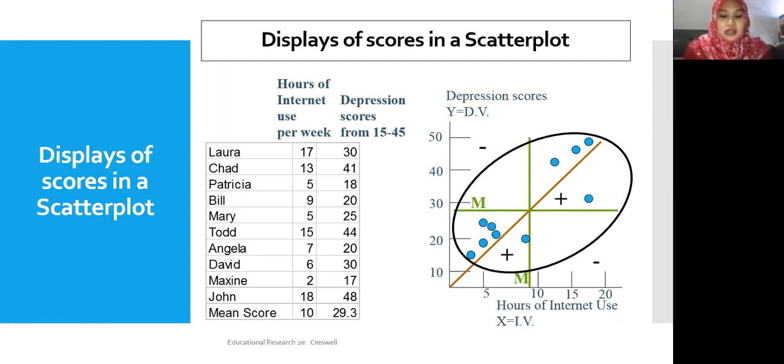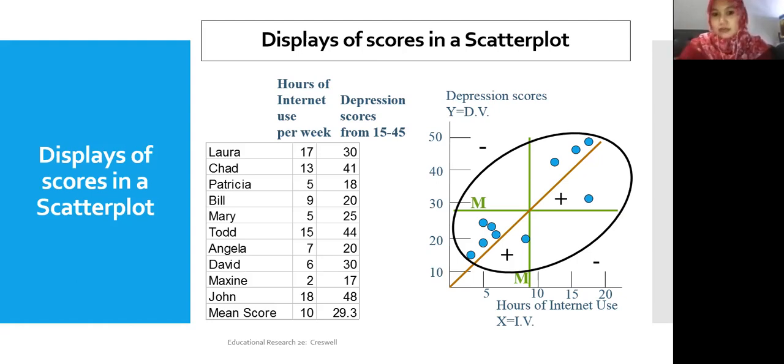Yes. So here we have the example of display of scores in a scatter plot. Here, the researcher wants to know, is there any correlation between hours of internet use per week and depression? So the result here shows there is a positive correlation between hours of internet use per week and depression, which can be seen from the straight line to the right here.